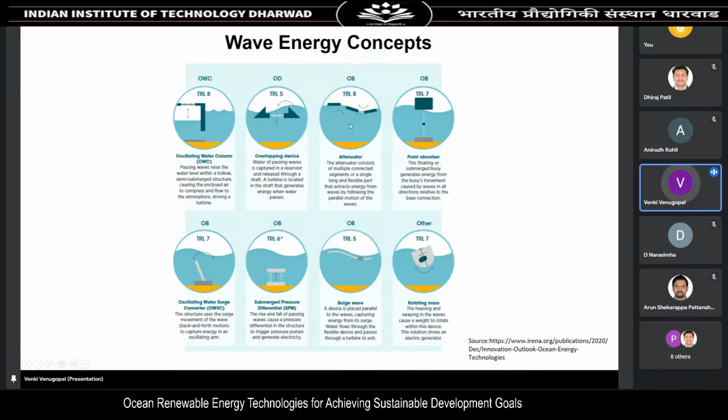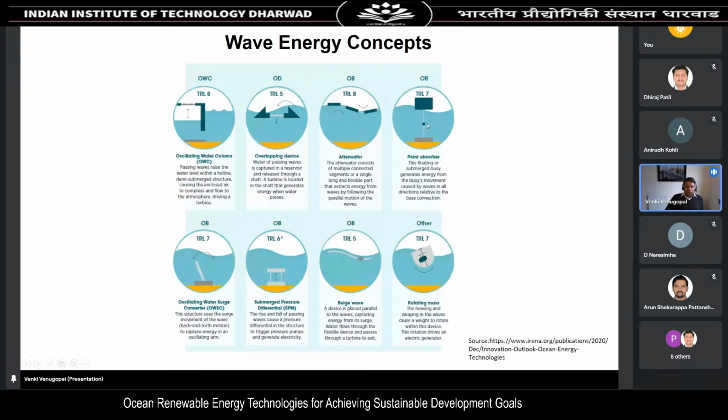And this is called attenuated type. There are many different parts joined by hinges, and the hinges will act as a power takeoff system producing electricity. This is a point absorber type, and the point absorber type pops up and down, and when a power takeoff system is linked here, it would generate electricity.